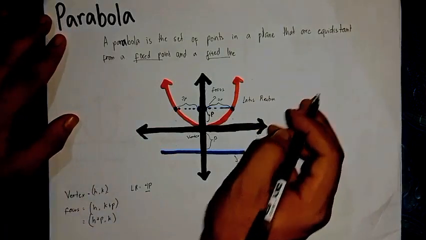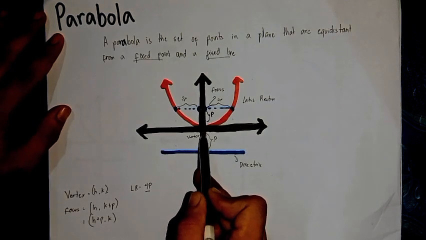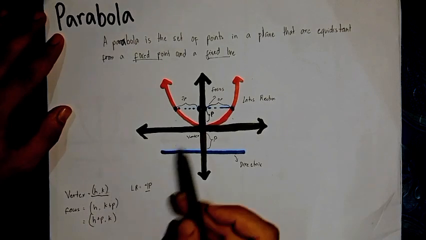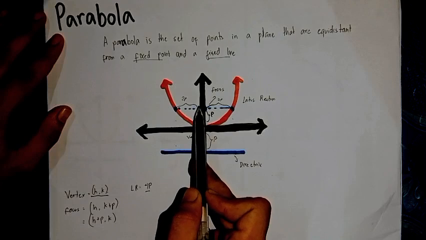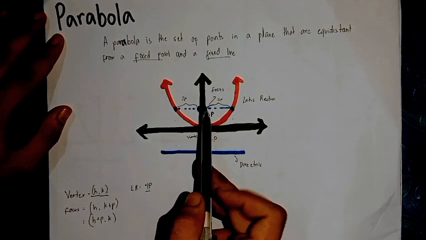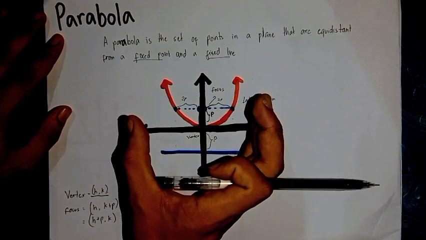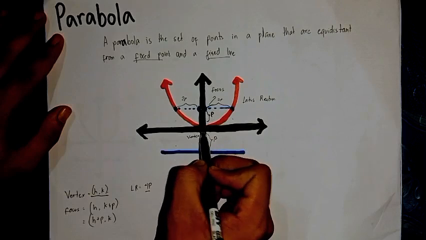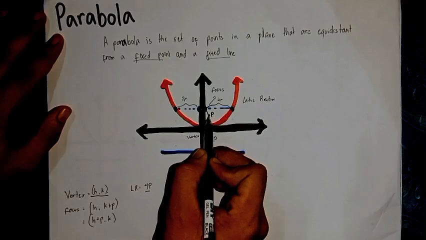Now, let's go to the parts of a parabola. First, we have the vertex. The vertex is the origin or the center, denoted as h, k. Next, we have the focus. We can always see the focus where the curve opens. The distance from vertex to focus is denoted as p.